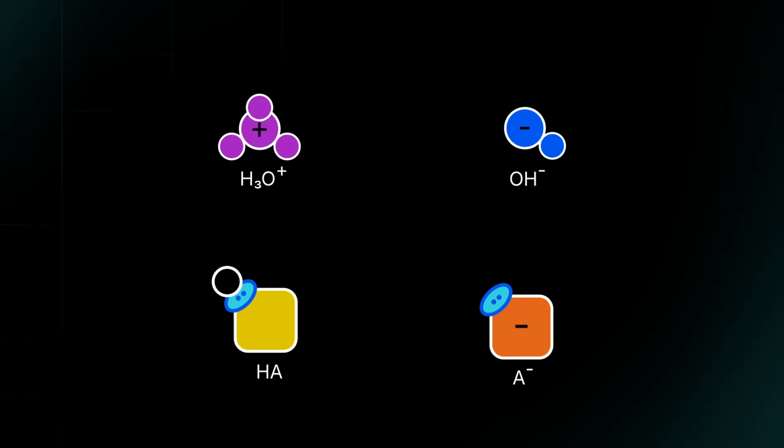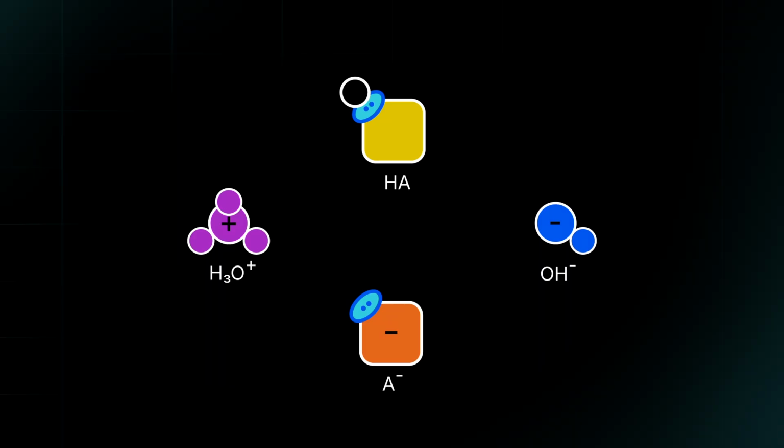When we're given a mixture of any of these species, our job in phase 1 is to figure out which ones will be present in large amounts when the system reaches equilibrium. That means identifying the majority species in the mixture. So what might we find when our phase 1 analysis is complete? We might find that only 1 species is present in large amounts.